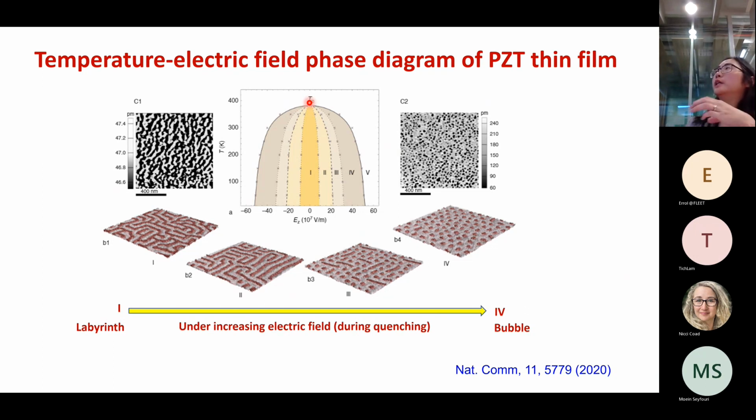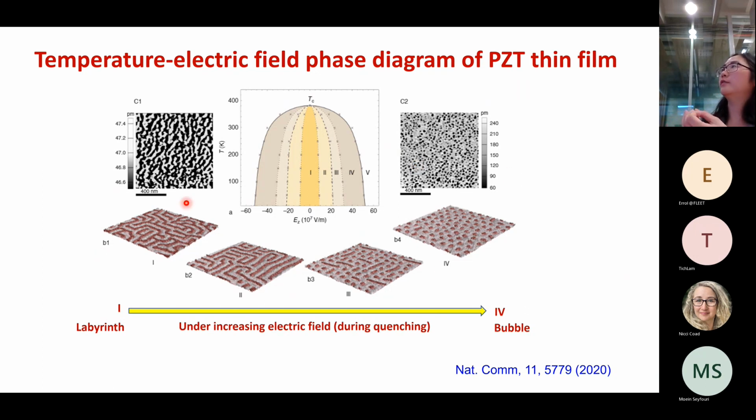And when it decreases to the Curie temperature, the ferroelectric domains start to form. So what happens if we quench these domains to a low temperature under different electric fields? This will change the very initial electrical boundary conditions when it forms the domains.